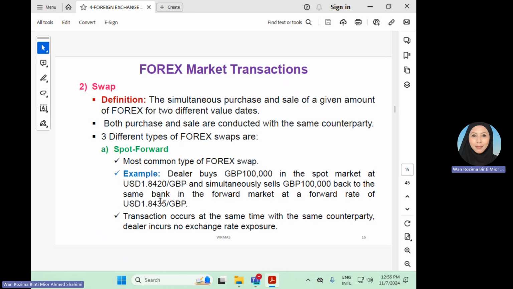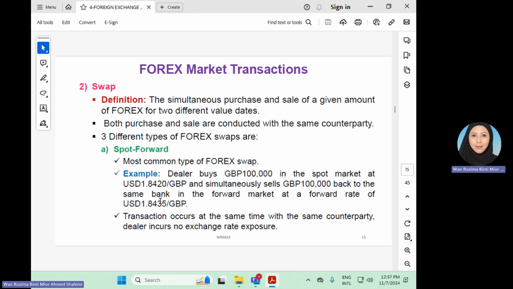So you are using the spot rate. This is the USD that you have to prepare in order to exchange for British pound 100k by using spot.